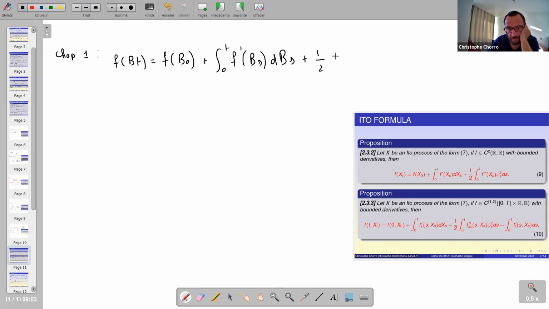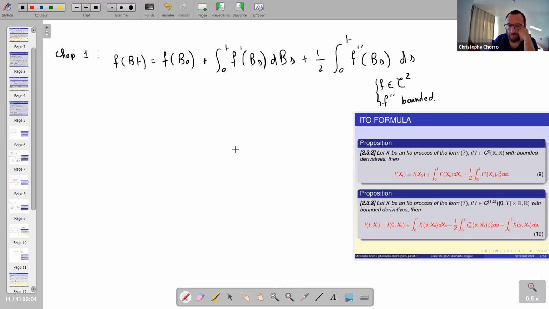Plus 1/2 the integral between 0 and t of f second of Bs ds. I have supposed that f is C2, and with f second bounded in this situation.